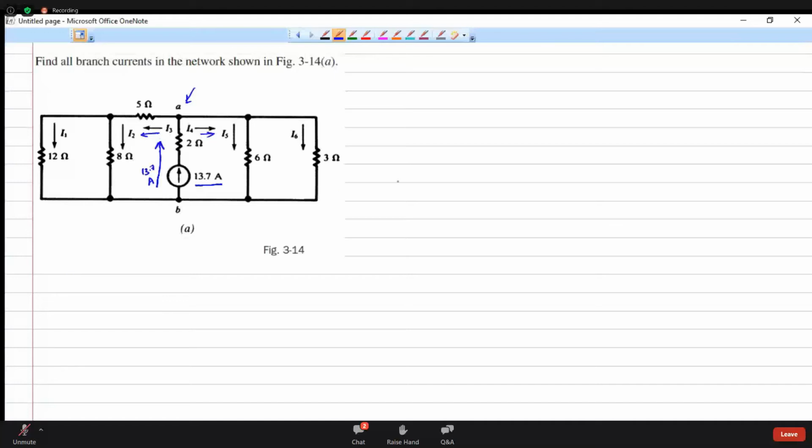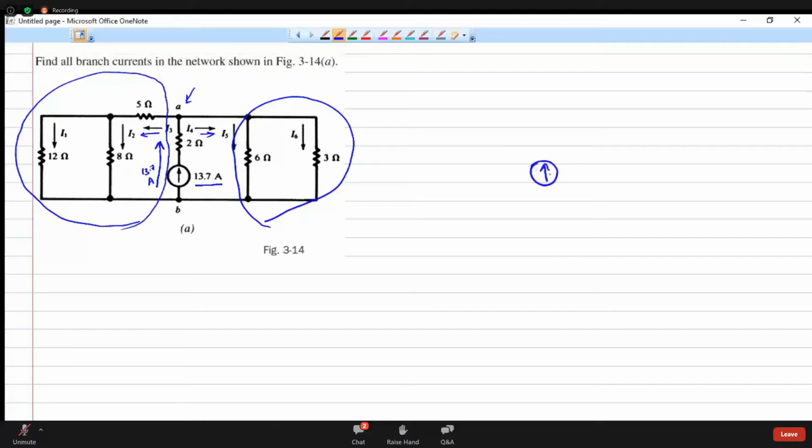So how can we modify the circuit and represent it in a simple manner? Here we have two resistors in parallel, and on the left hand side we have 5 ohm in series with the parallel combination of 12 ohm and 8 ohm. So by redrawing this circuit, we can draw a similar network like this.